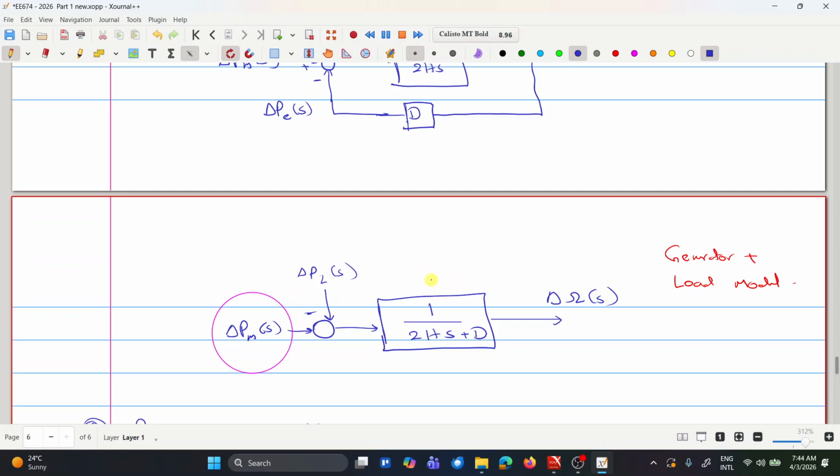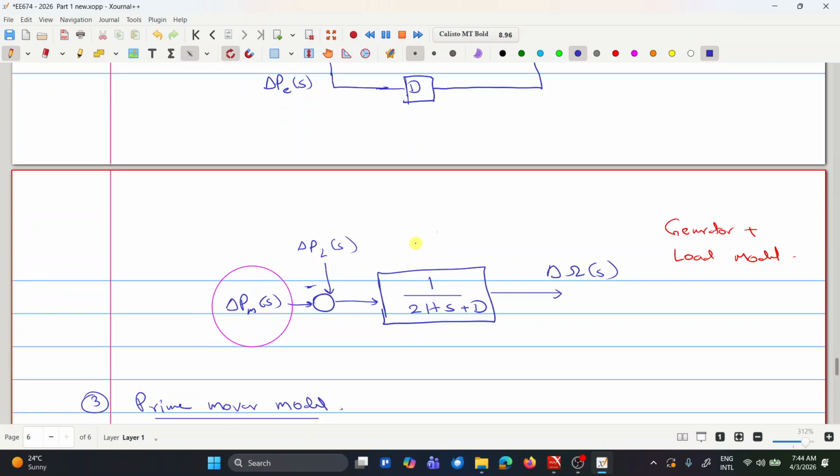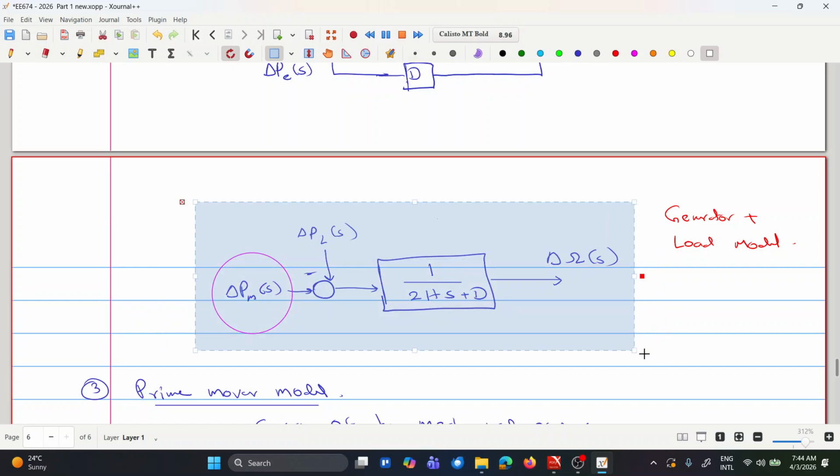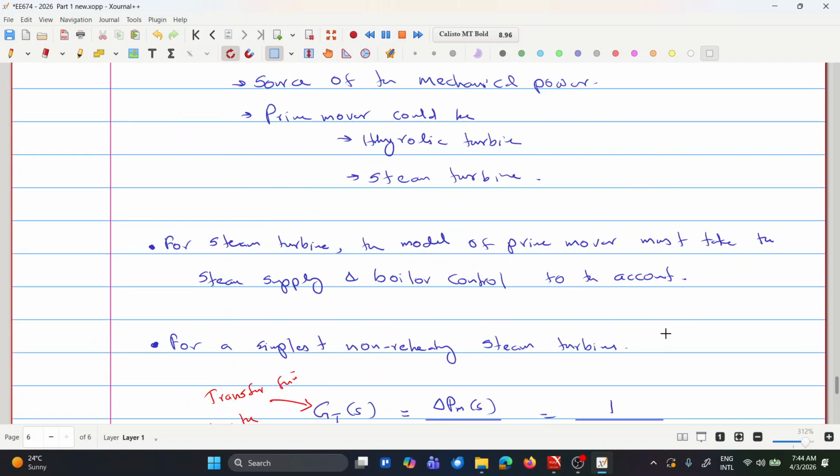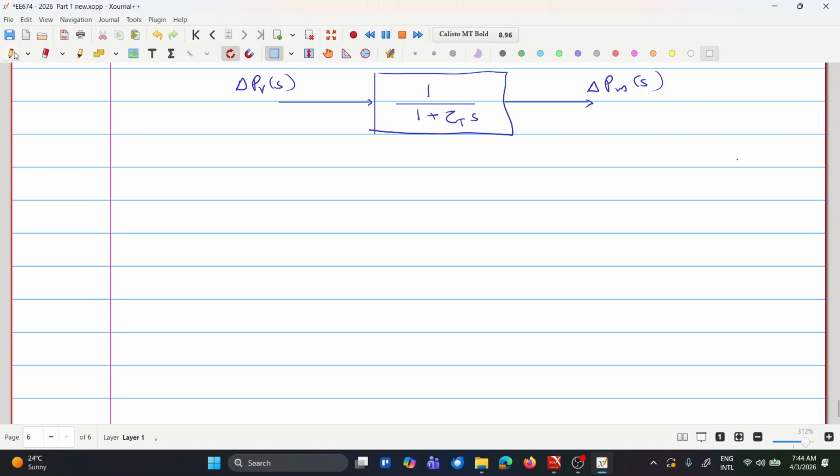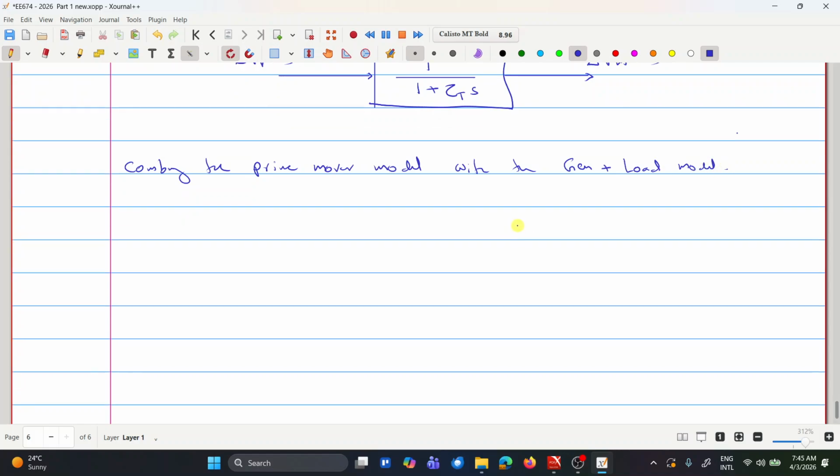Let's take this combined model, combining the prime mover model with the generator plus load model.